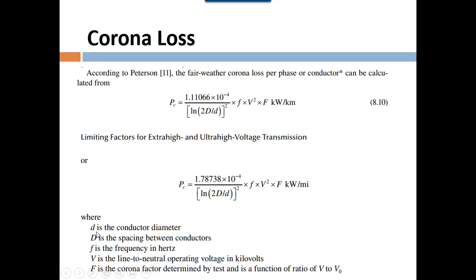Small d is the conductor diameter, capital D is the spacing between the conductors, f is the frequency, V is the line to neutral voltage, and F is the corona factor determined by test and is a function of the ratio of V to V naught.